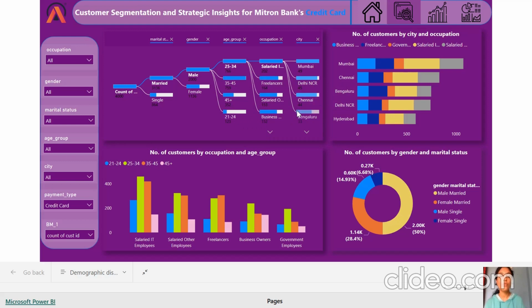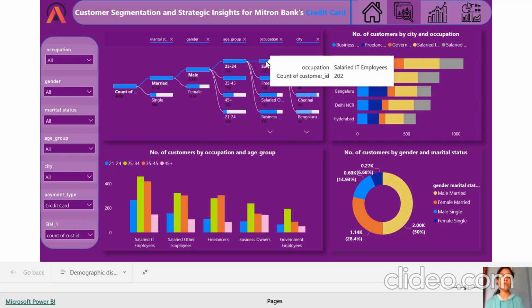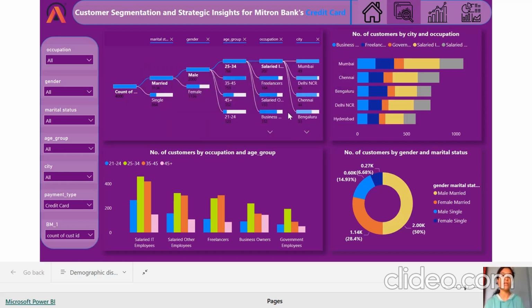So if we concentrate on the groups which have more customers, it will be very easy for us to reach more customers.